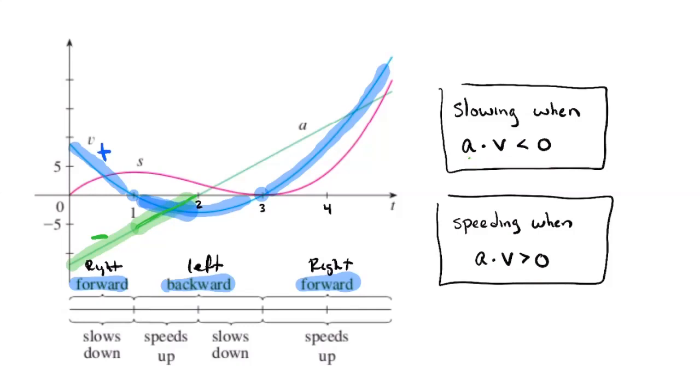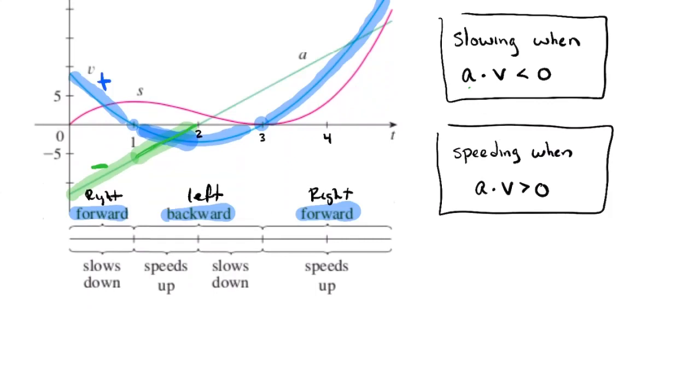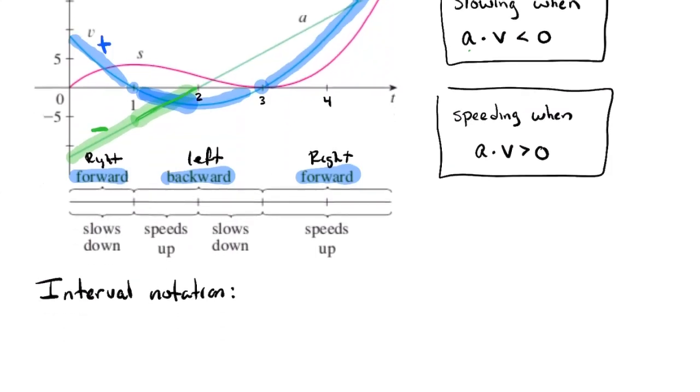Okay, so that's kind of what I wanted to do in this video. I think maybe we can write down an interval notation, because I'm going to be asking you to write these things down. So in interval notation, let's just summarize some of our work. We can use this diagram that we're looking at here.